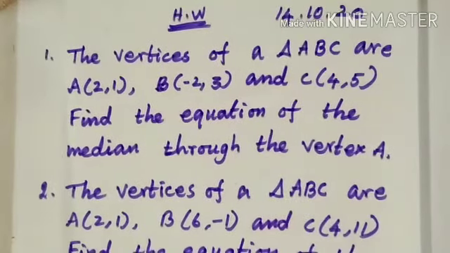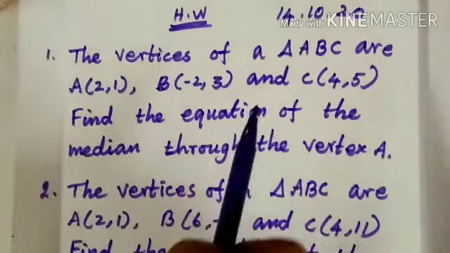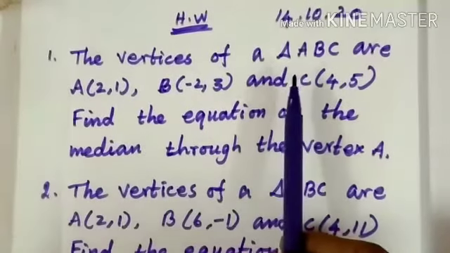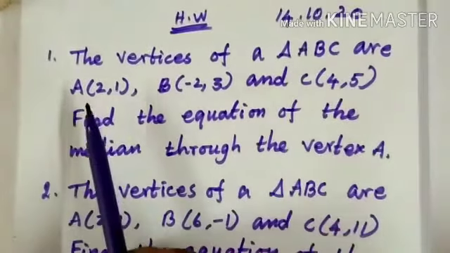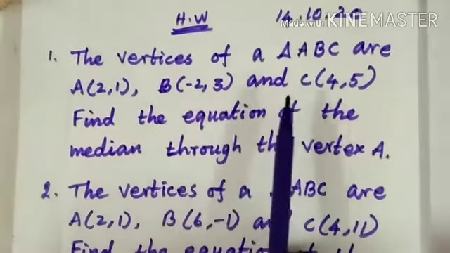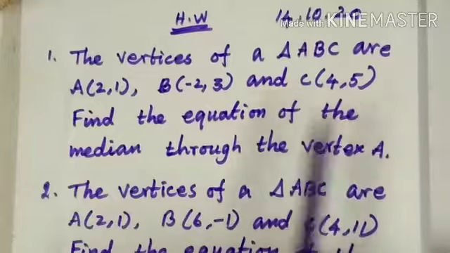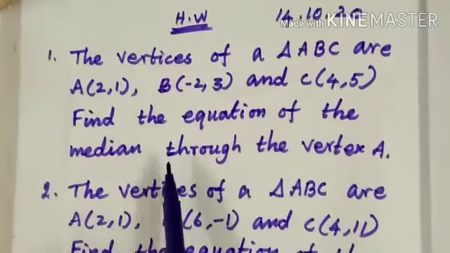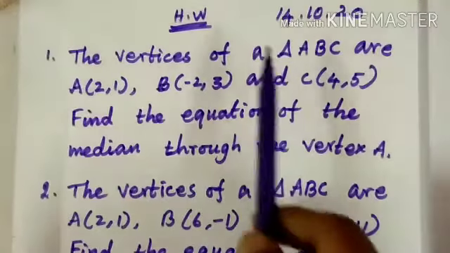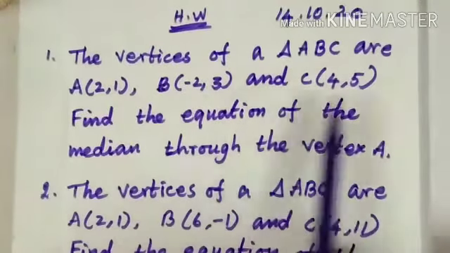Okay students, today's homework. See this question. The vertices of a triangle ABC are A(2, 1), B(-2, 3) and C(4, 5). Find the equation of the median through the vertex A. In this question, triangle ABC vertices are given.